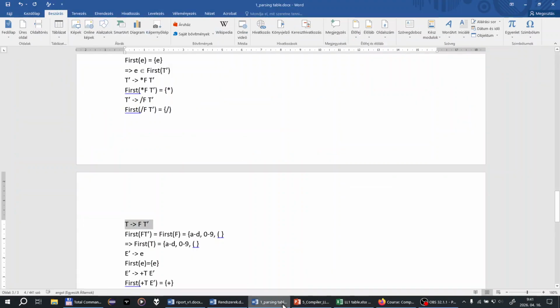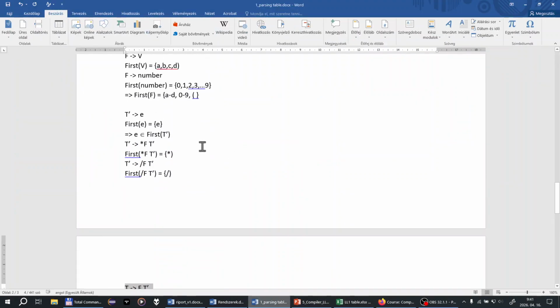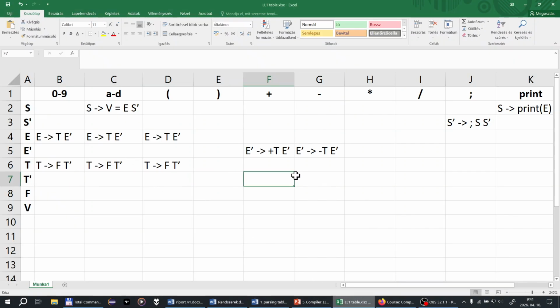And then for the T prime, we have multiplication and division, and if we have them at the input, we apply these rules. And for the empty, we have to compute the follow sets again.